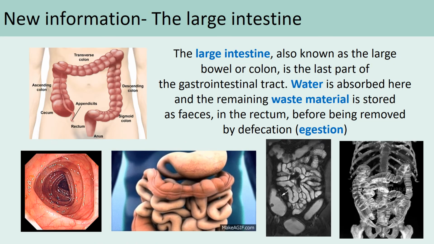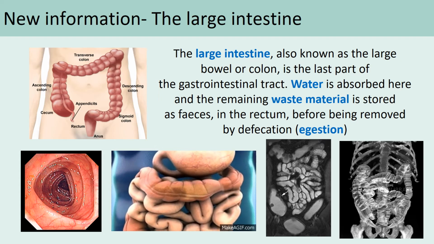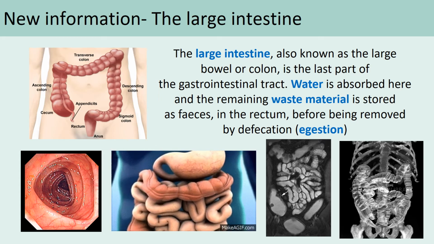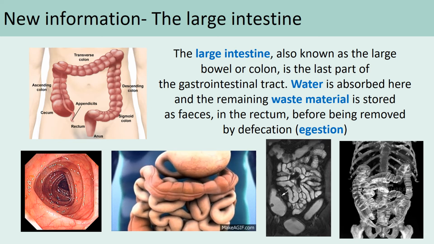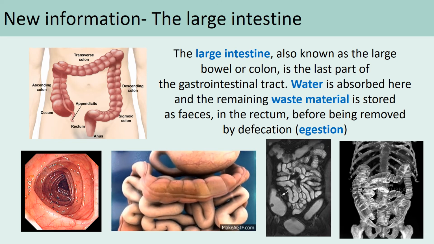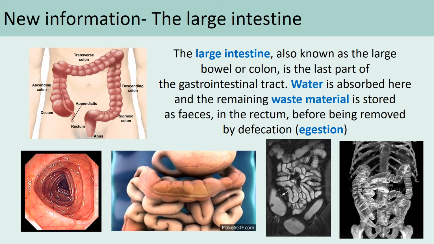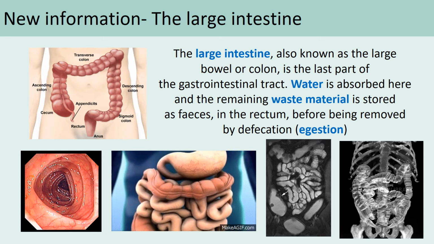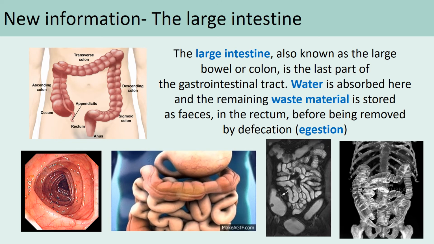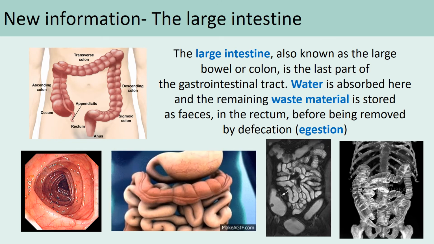Okay, so moving on. We've spoken about the small intestine, so this one is the large intestine. The large intestine is sometimes referred to as the bowel or the colon. So if you're having problems with your bowels, it's normally to do with this one.